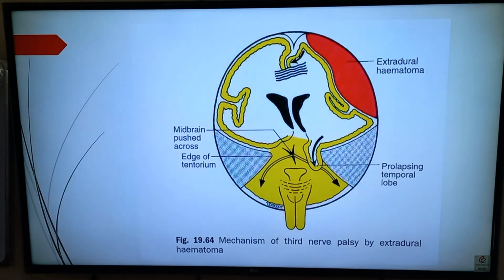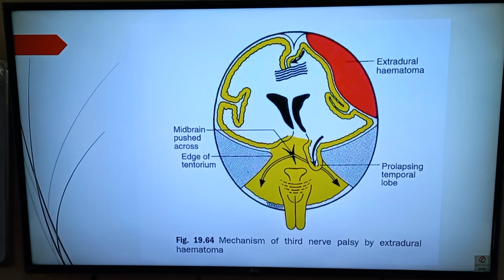You can see in this picture that there is an extradural hematoma, and this is the uncus, where there is prolapsing temporal lobe, and it is putting pressure on the basilar part of the oculomotor nerve.